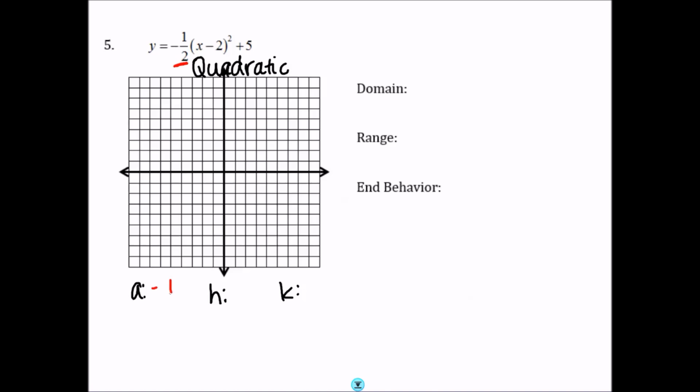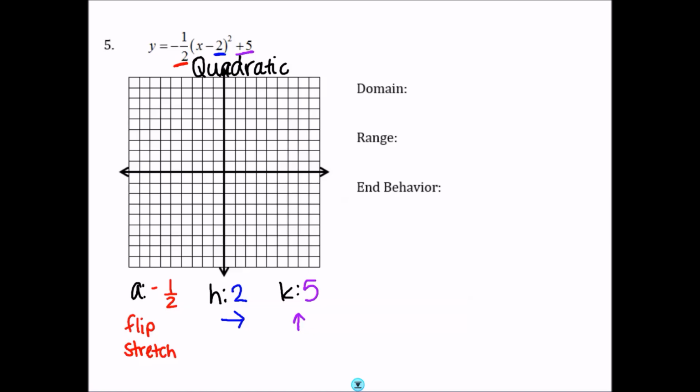So a is going to be -1/2. Since a is negative, it's going to flip the graph upside down, and the 1/2 is going to stretch it. H is inside the parentheses, so h is 2, and that will move the graph to the right. And k is at the end of the function. So k is 5, that will move the graph up.